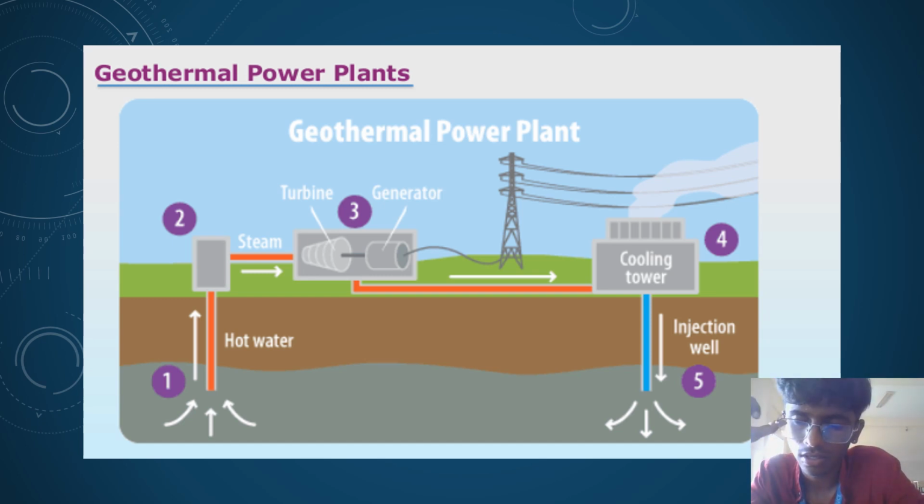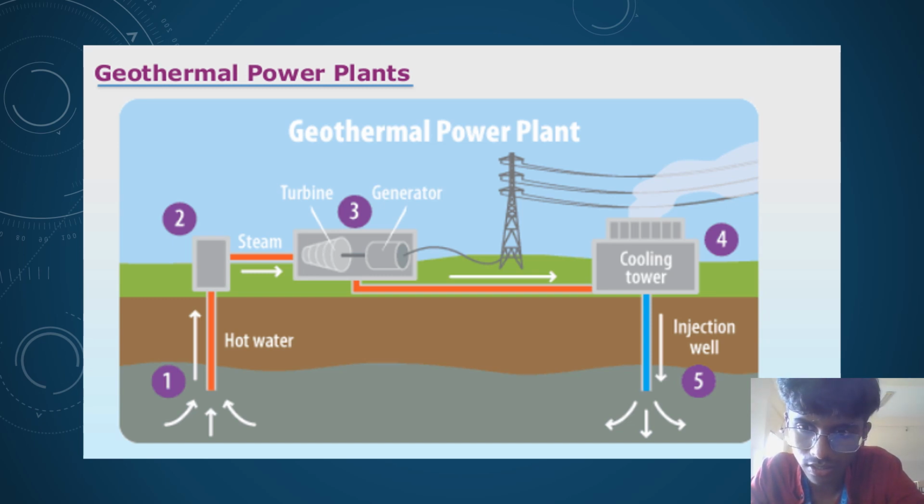As we know, energy can neither be created nor destroyed. That concept is used here: the kinetic energy is converted into electrical energy, but we did not create our own electric energy.